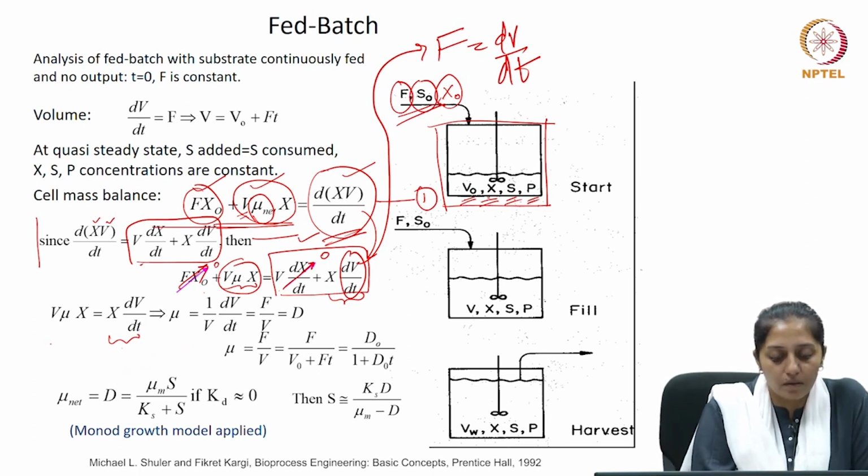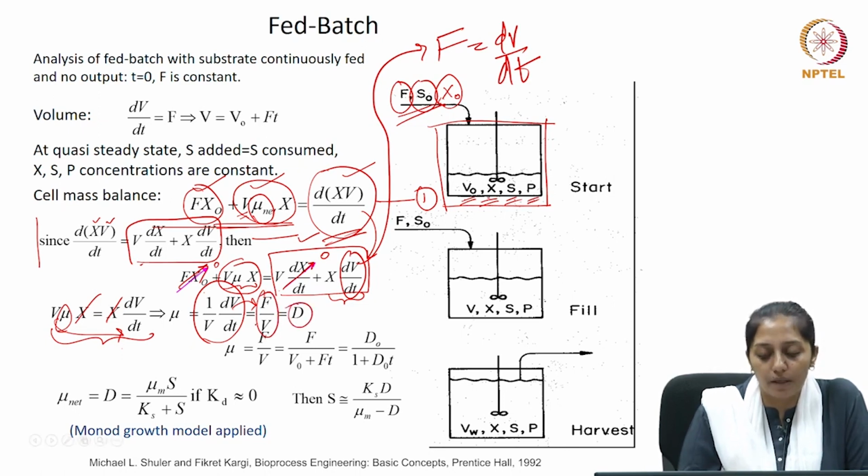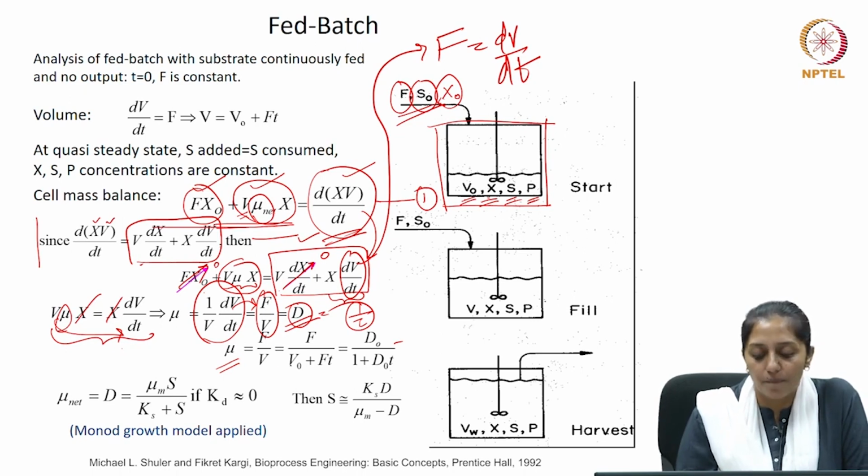What has been done in this equation now is that V has been brought here, so it becomes 1 by V dV by dt, and dV by dt has been substituted as F. So, it becomes F by V equals mu, and x gets cancelled. F by V is nothing but the dilution rate inside the reactor, which is the inverse of the residence time. Mu becomes equal to D, which is the dilution rate.